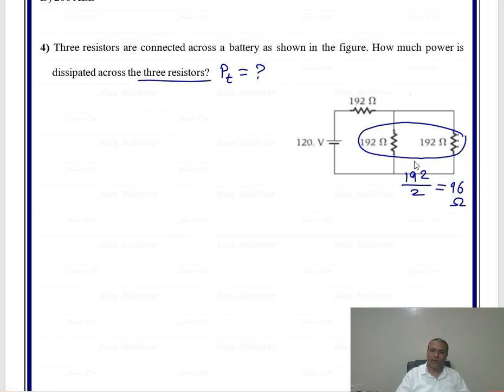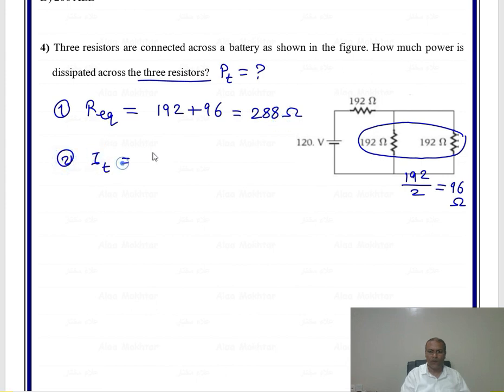This resistance is connected in series with another one. Req in this case is equal to 192 plus 96, which equals 288 ohm. The second step, I total equals ΔV over Req, 120 over 288 ampere.